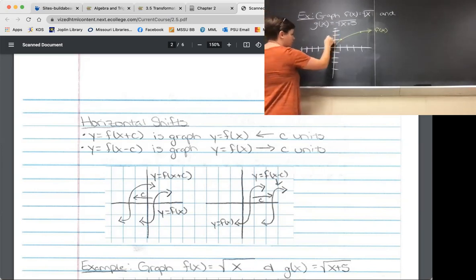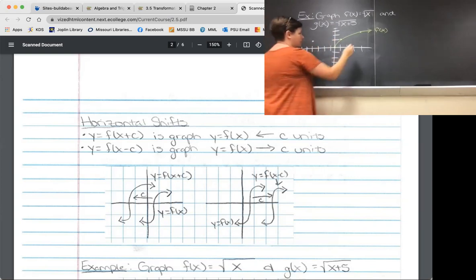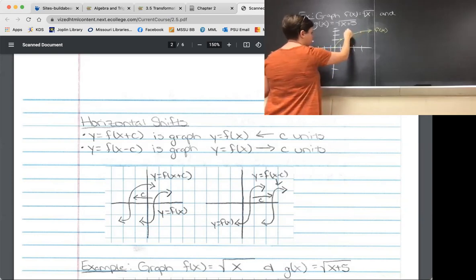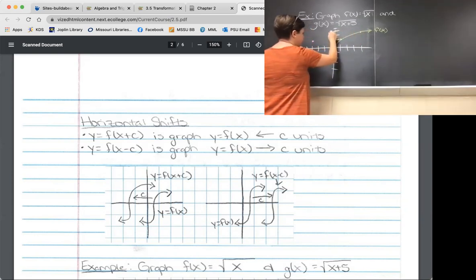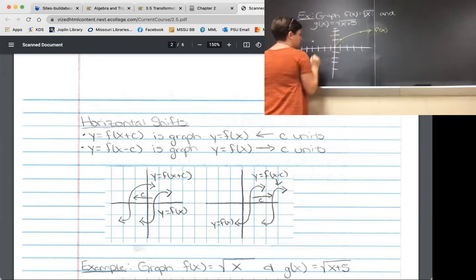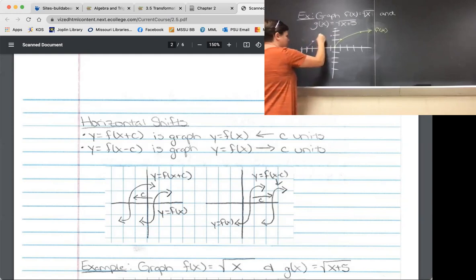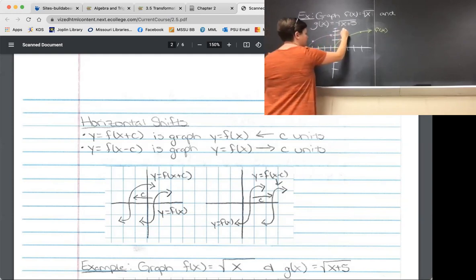So you're shifting your x's to the left 5 spots. So I'm going to go 1, 2, 3, 4, 5, and have -4, 1. Then I'm going to go 1, 2, 3, 4, 5, and have -1, +2. Make that a little bigger so that it covers that spot.